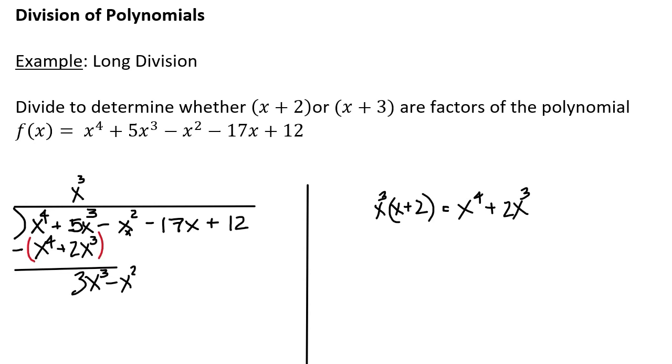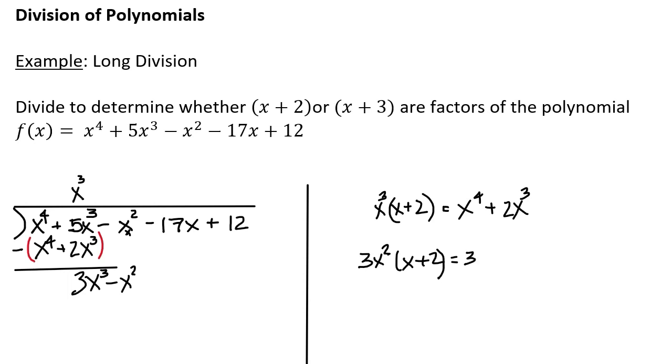So I still have x plus 2. And now I have to think about what do I multiply this by in order to get 3x cubed. I think if I multiply that by 3x squared, I'll get 3x cubed.